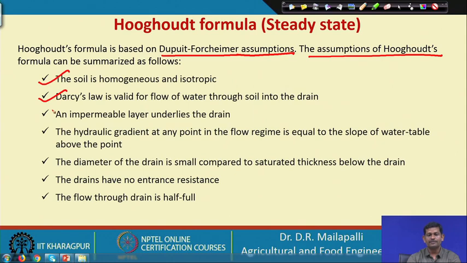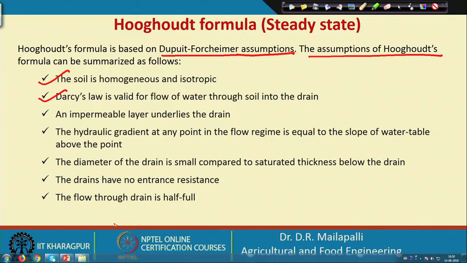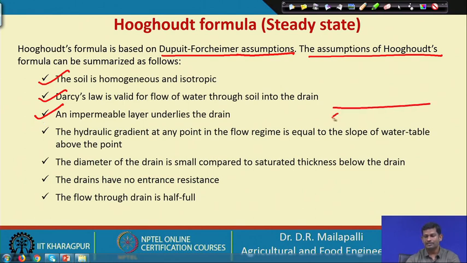Darcy's law is valid for water through soil into the drain because it is completely saturated condition. So, Darcy's law is very well valid for the Hooghoudt assumption, and an impermeable layer underlies the drain. So, always there is an impervious layer which underlies the drain.